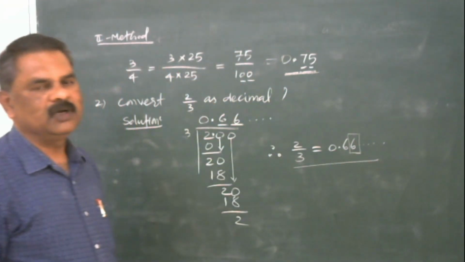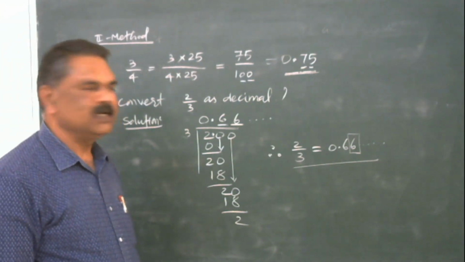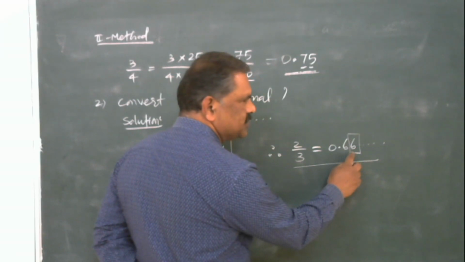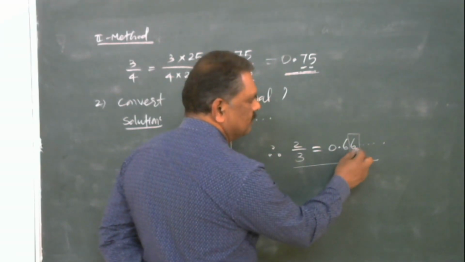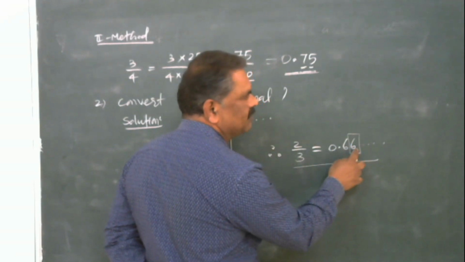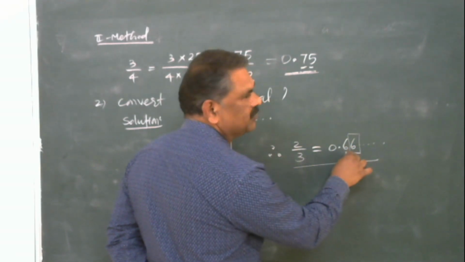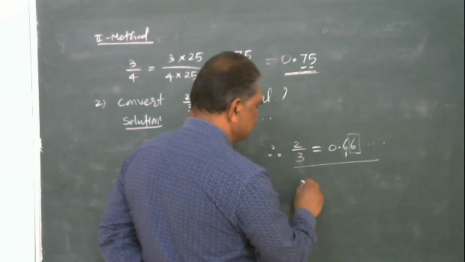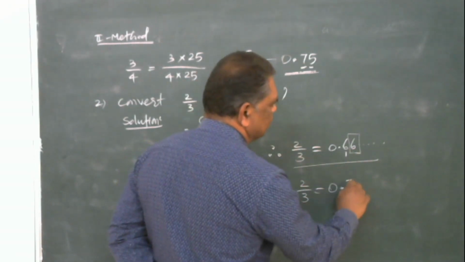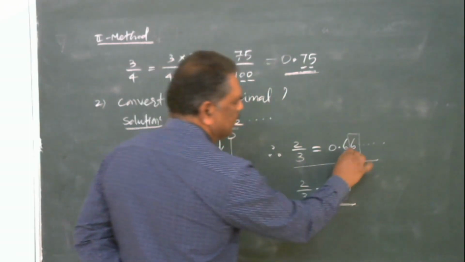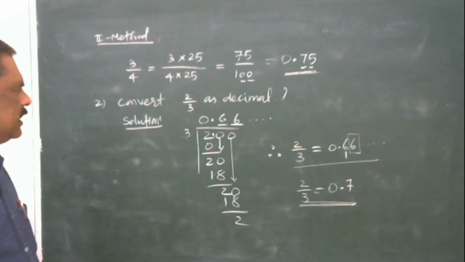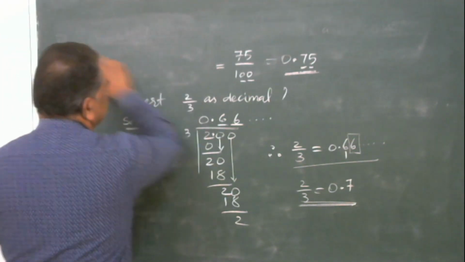You need to see the place that comes next. If it is 5 or above 5, you can add 1 to the previous place. So 2 by 3 becomes approximately 0.7. Again, that we will be discussing in the next concept.